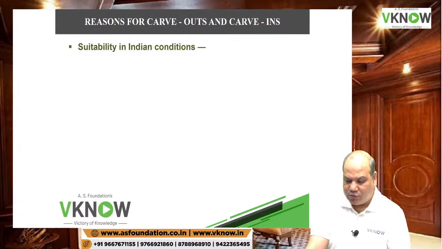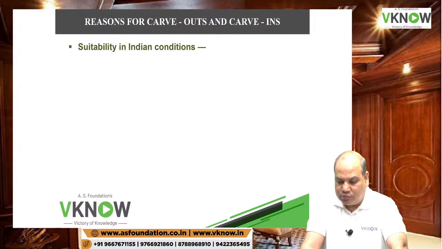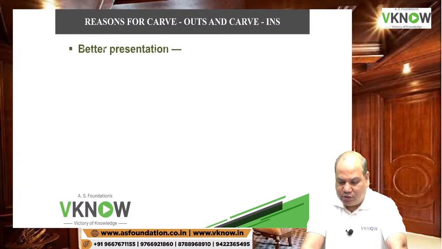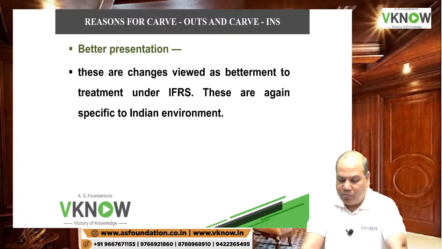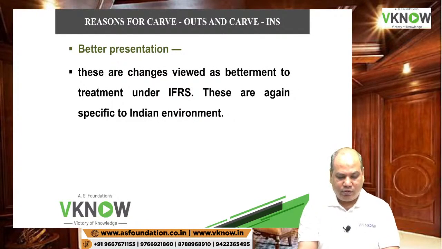The reasons for differences will be categorized as follows. One, I have told you, to meet the Indian conditions. Examples are also given. Second, for better presentation. There may be some areas where our institute believes that these changes are required for betterment of treatment under IFRS.